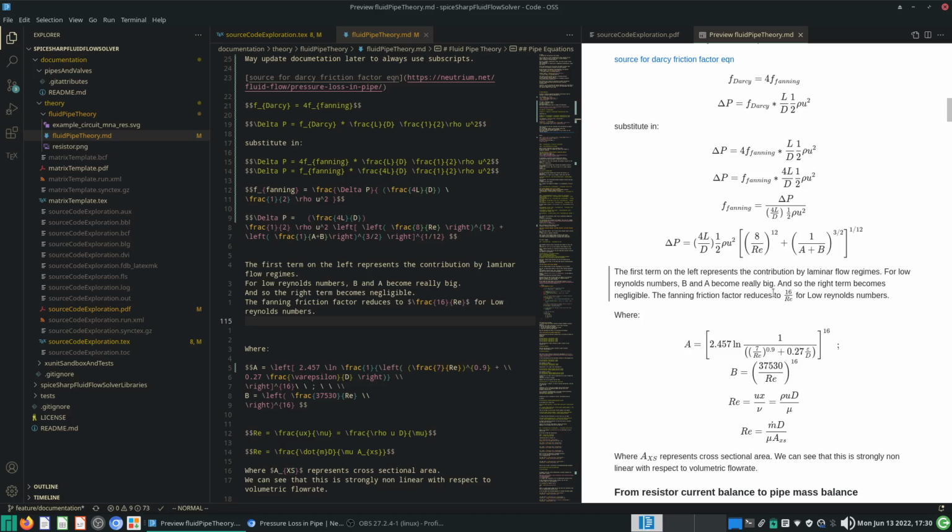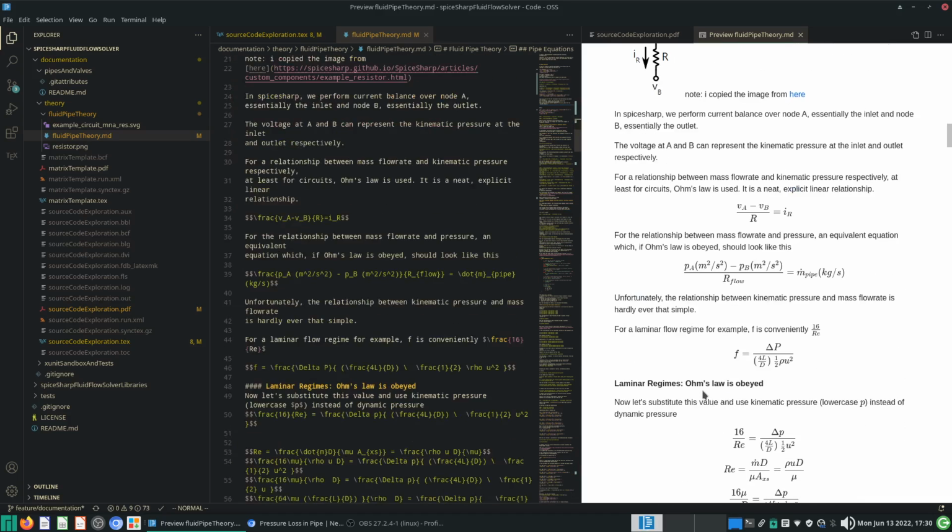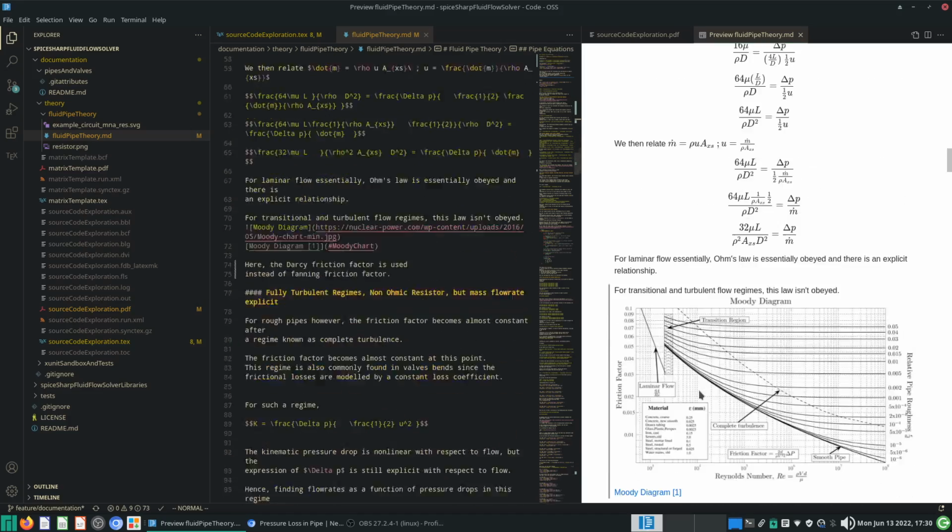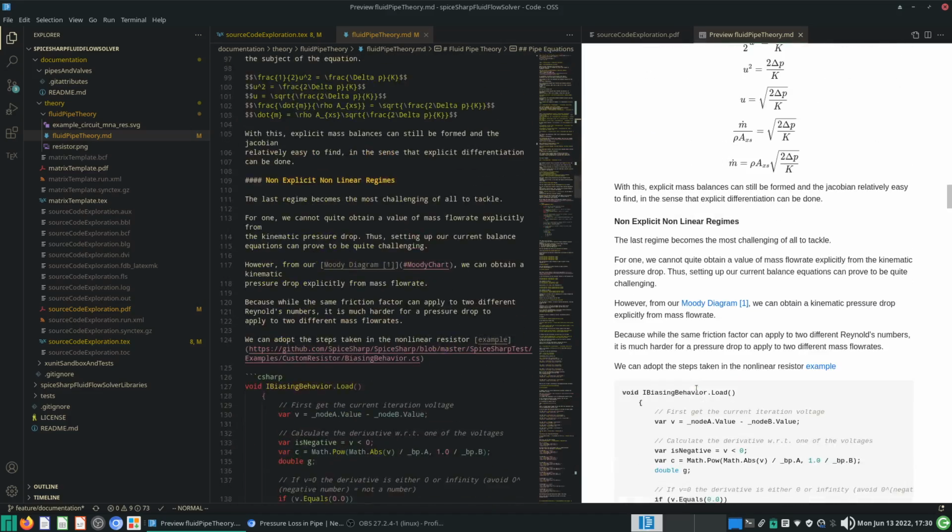It's not easy to differentiate mass flow rate with respect to all these terms on the right-hand side. The only thing that's explicit here is that the pressure drop is explicitly related to all these terms on the right-hand side. And then of course you have the velocity here, which you can correlate with the Reynolds number somehow. So all of that is dependent on the Reynolds number.